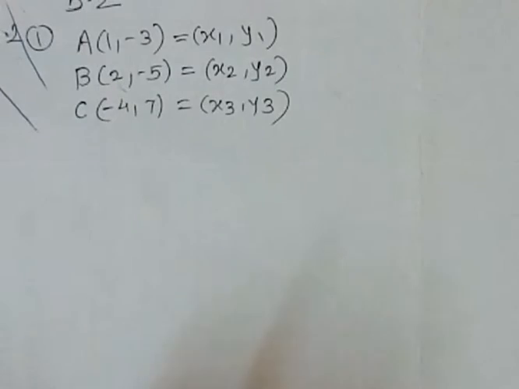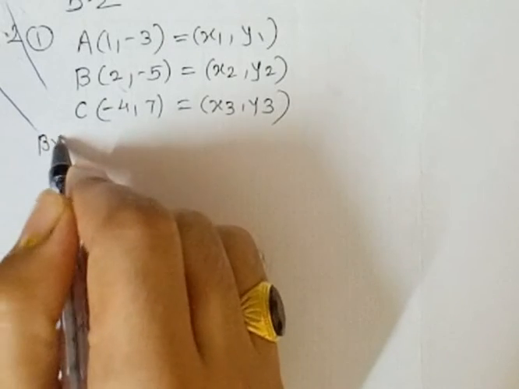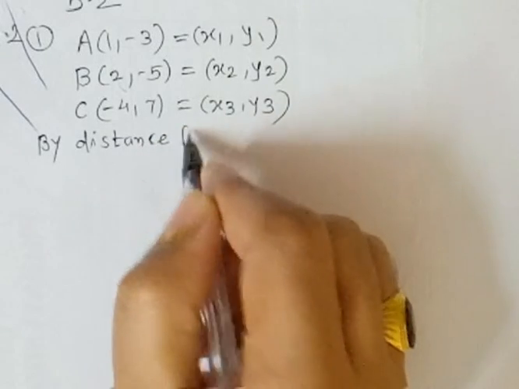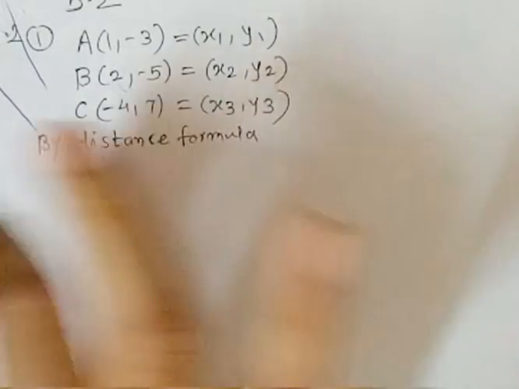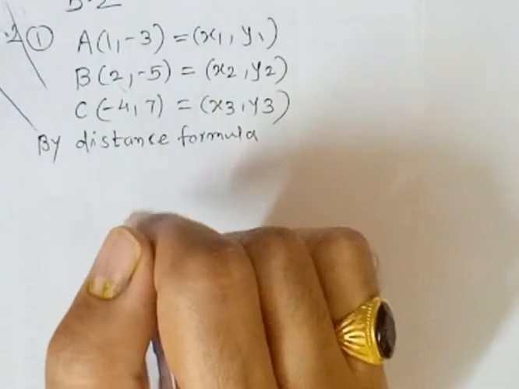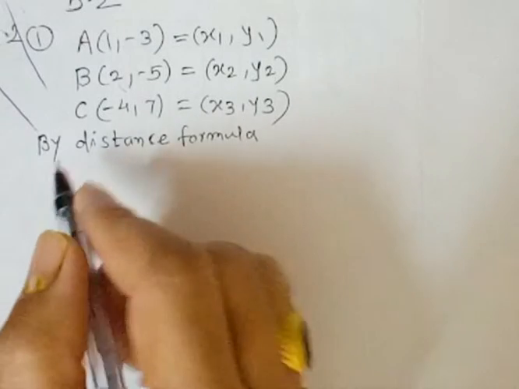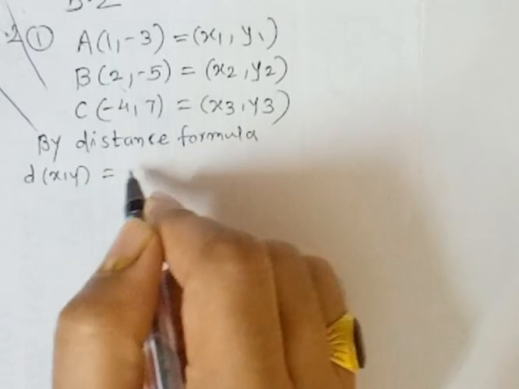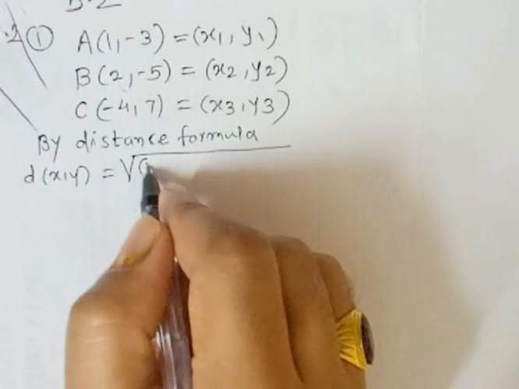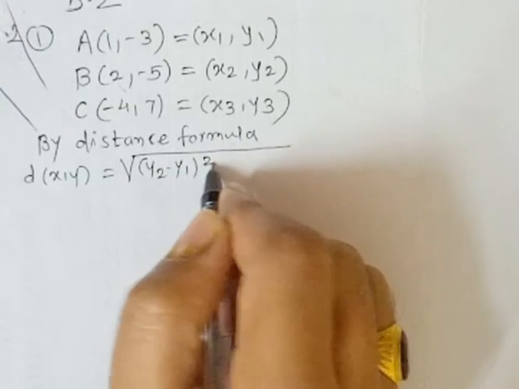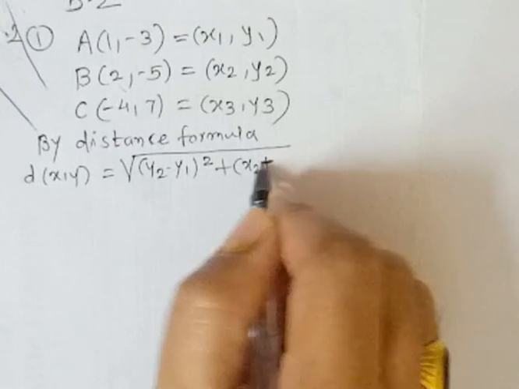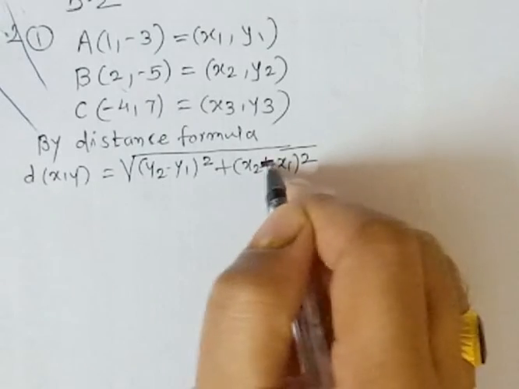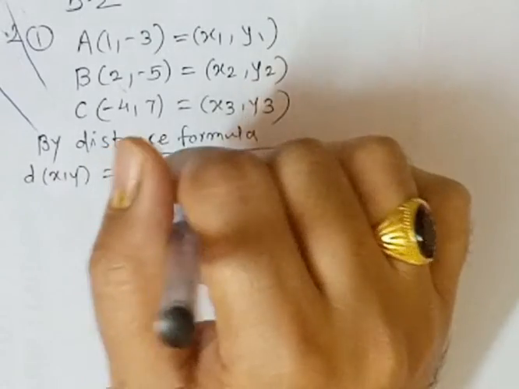By distance formula, distance between (x1, y1) and (x2, y2) is equal to under root (y2 minus y1) to the whole square plus (x2 minus x1) to the whole square. Here minus sign is there, (x2 minus x1) to the whole square.